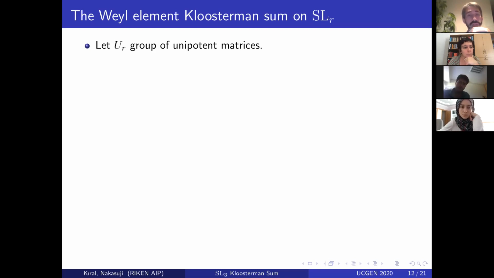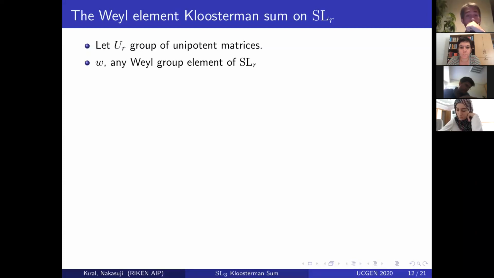So I have the group of unipotent matrices. Let's call that UR. So ones on the diagonal, upper triangular. Any Weyl group element, take that from SLR. In the case of SLR, the Weyl group can be seen as the permutation group on R letters.